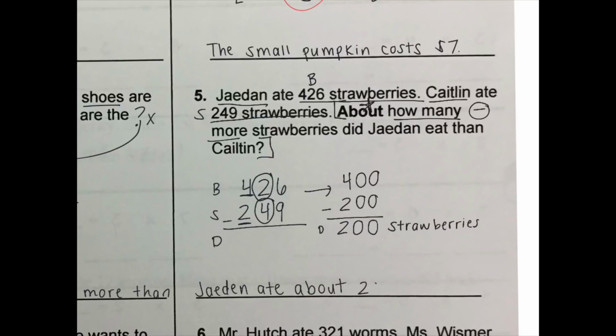About 200 more strawberries than Caitlin. Last step, check to make sure it's reasonable. You can use your calculator and actually subtract 426 minus 249 to find the exact answer and see if it's reasonable compared to the rounded answer that we got.